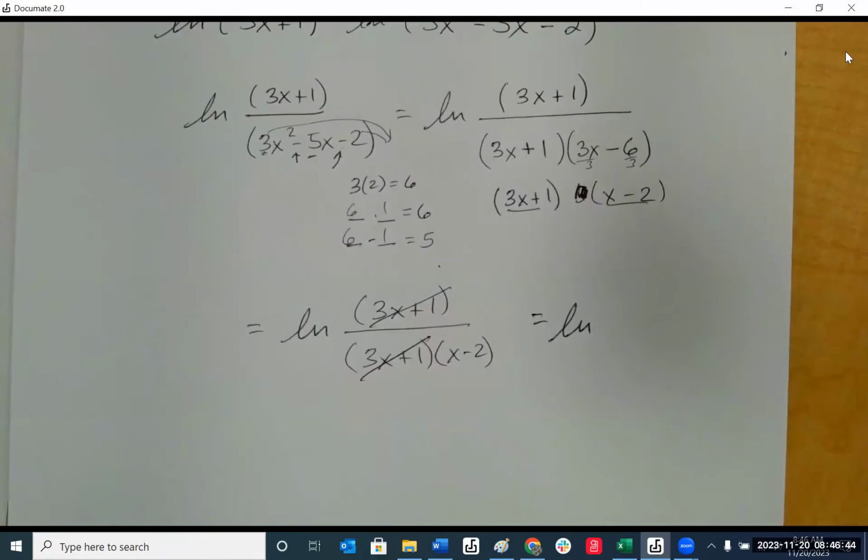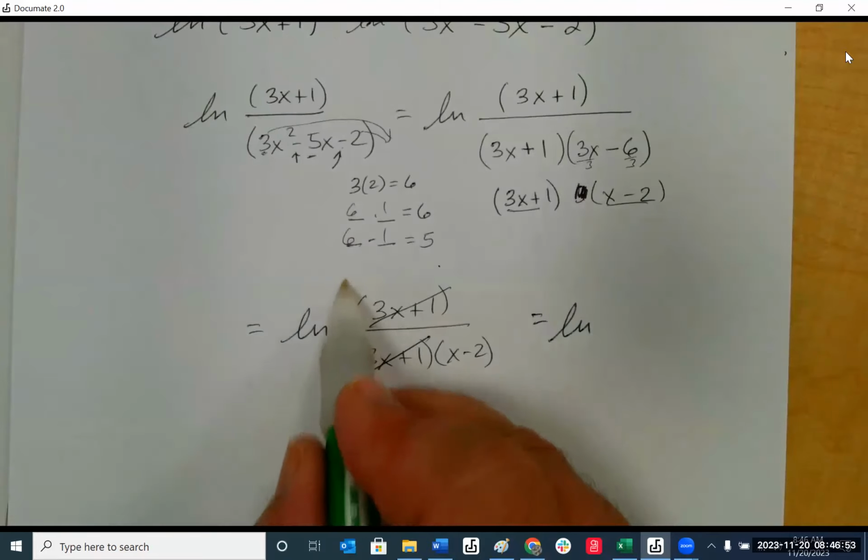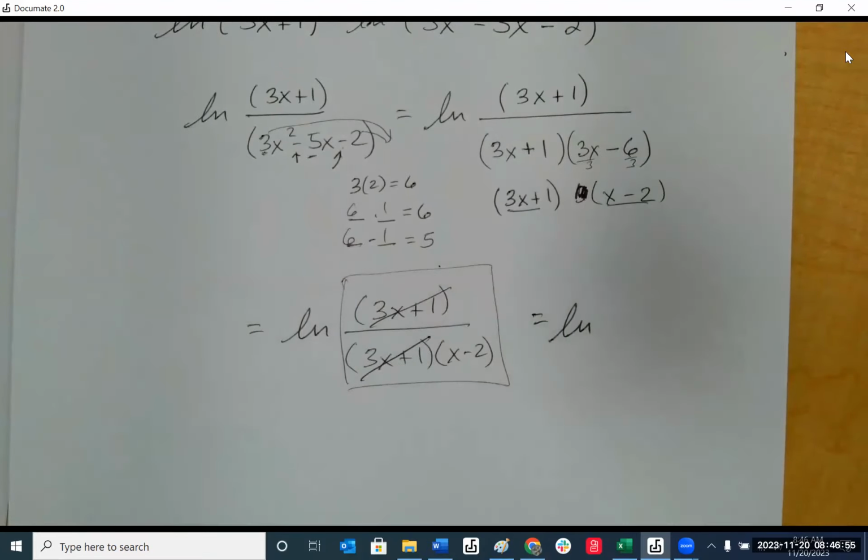What's our final answer going to look like? Well, we just use these guys. It's not going to be x minus 2. Why not? Because where is x minus 2 right now? On the bottom.